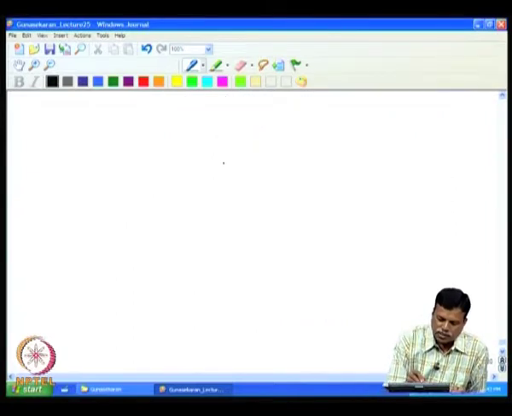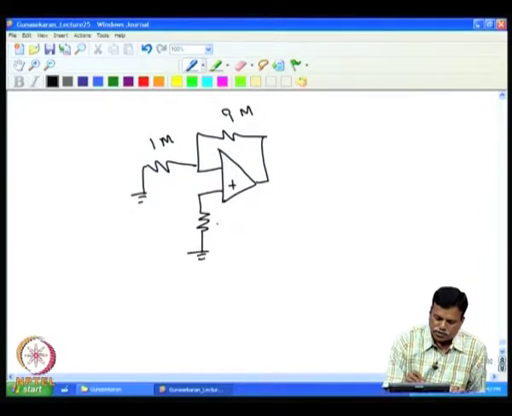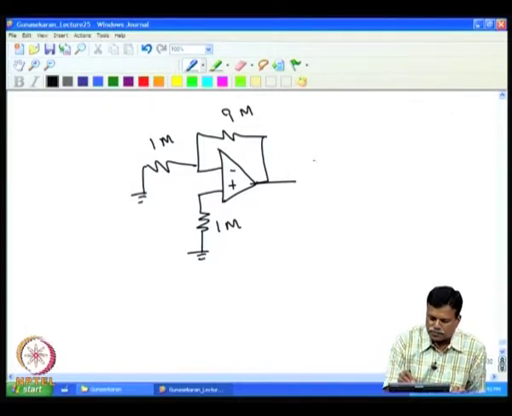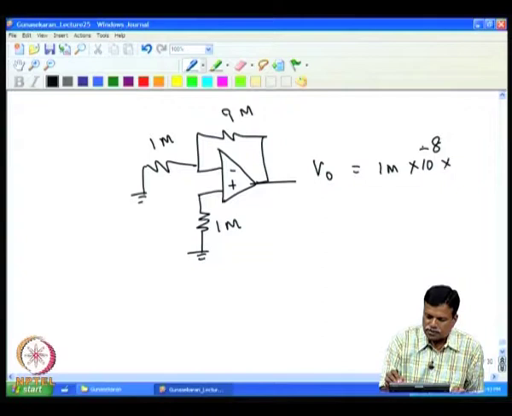For example, if I set a circuit with the same gain 10, and I go for 9 meg and then 1 meg, which gives me the gain 10, then the resistance will be 1 meg, and the V0 error would be 1 meg into 10 nanoampere into gain 10.